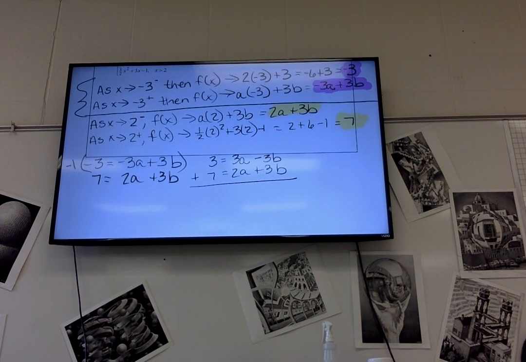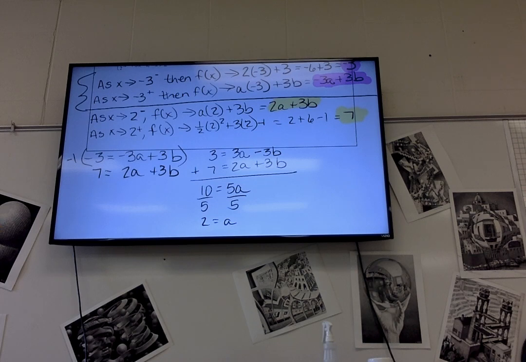So when I add these, I get 10 equals 5a. Divide by 5. A is 2. To find b, I plug it back into any equation. It can be the one you changed. It can be the ones you started with. You pick. Doesn't matter. Which equation you want to use?